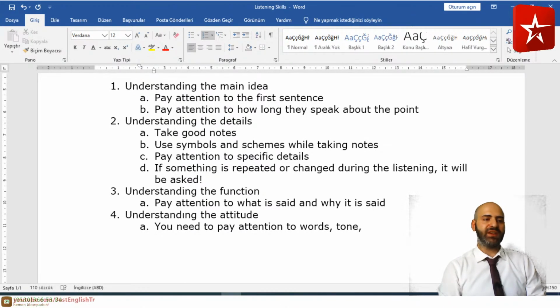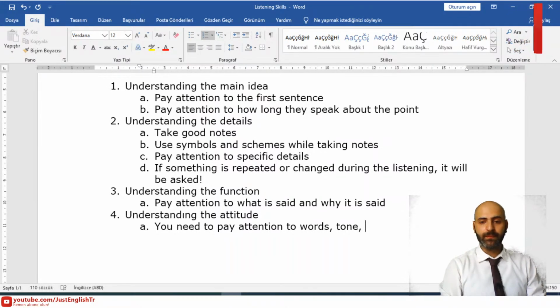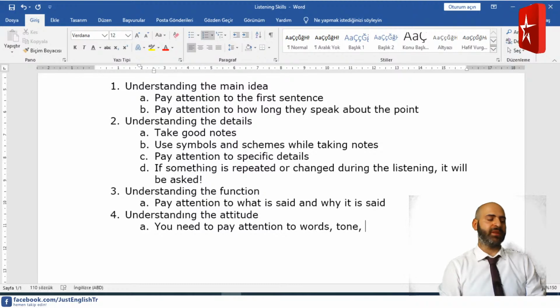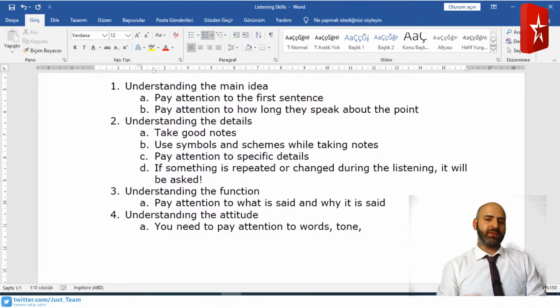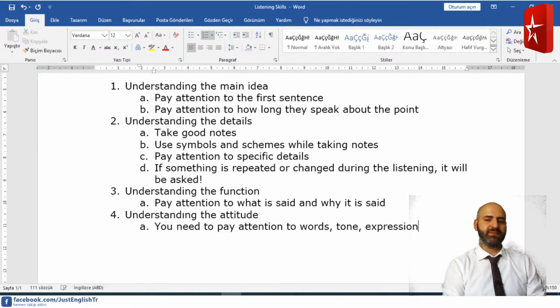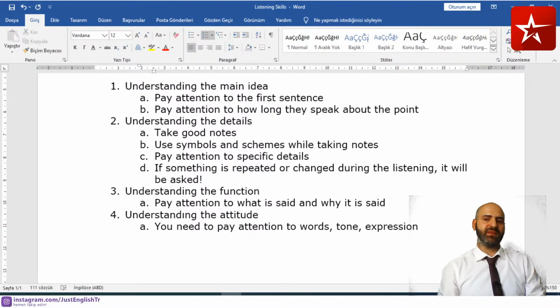And also some exclamations. For example, this gives me some information about the person's attitude, or aha, or maybe all these kinds of exclamations give me something, and let's write expressions. So they express their emotions and their attitude sometimes with exclamations, not only with words or tones.